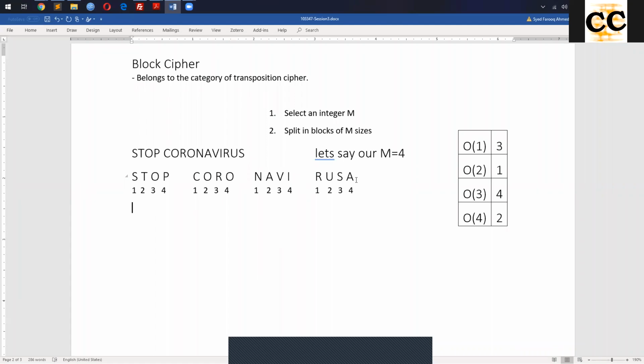The letter that's in the first position will move to the third position. The letter in the second position will be mapped to the first position in the block. The letter in the third position will be mapped onto the fourth position in the block, and so on and so forth.